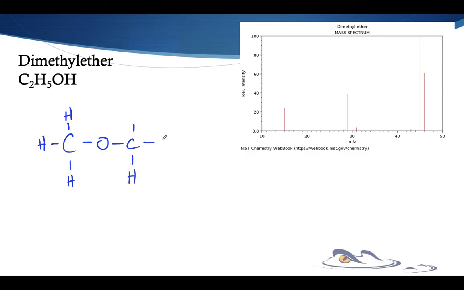So it's the same chemical formula, but it's put together differently. What's most notably missing from this that was part of the other one, the alcohol, is that there's no OH group, is there?